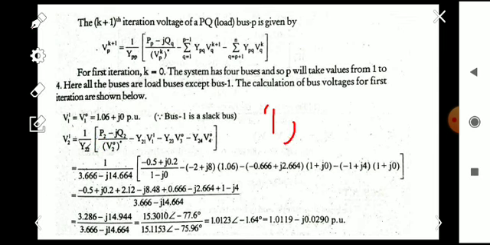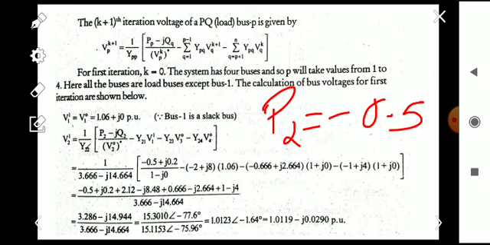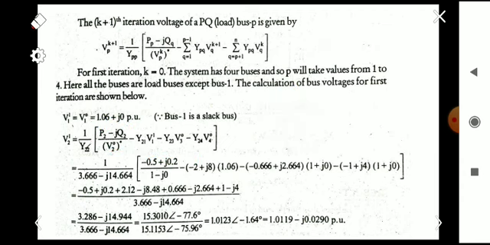P2 is taken as minus 0.5 because it is a load bus, the load is consuming power, so we assume a negative value. Q is also negative, so the negative sign becomes positive here. So minus 0.5 plus j0.2 by 1 minus j0, V2^0 we know that.